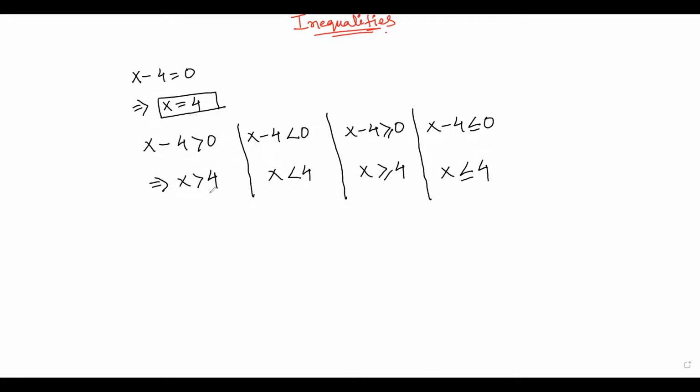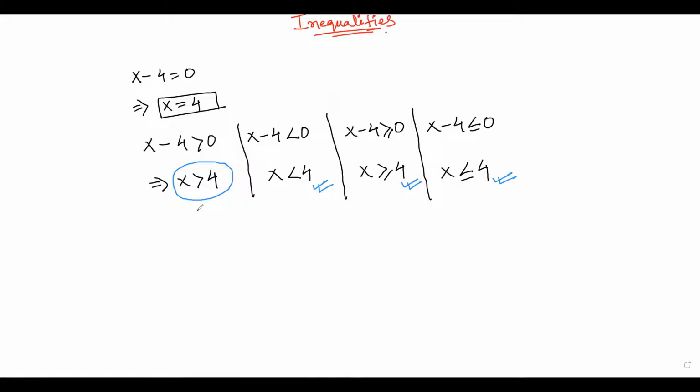So any value which is greater than 4 would be satisfying this inequality. In a similar way, any value which is less than 4 would be satisfying this inequality, and any value which is greater than or equal to 4 would be satisfying this inequality, and any value which is less than or equal to 4 would be satisfying this inequality.